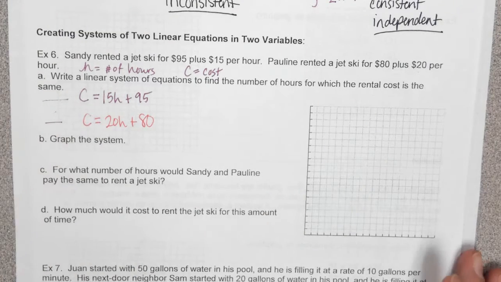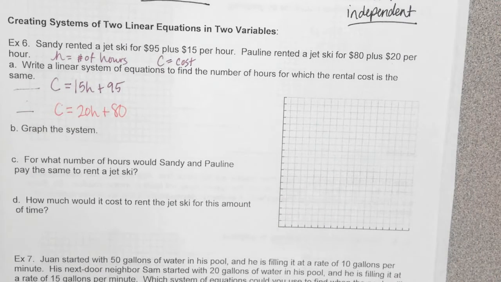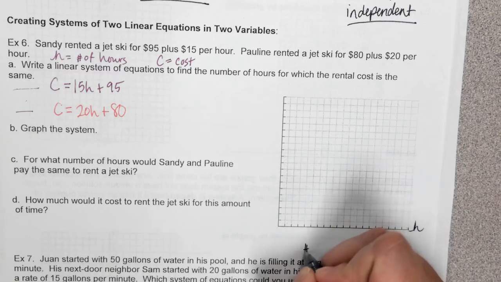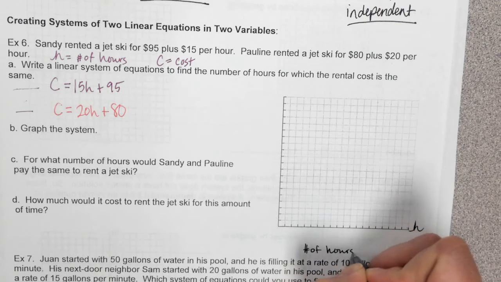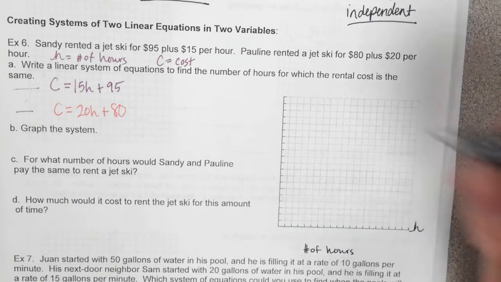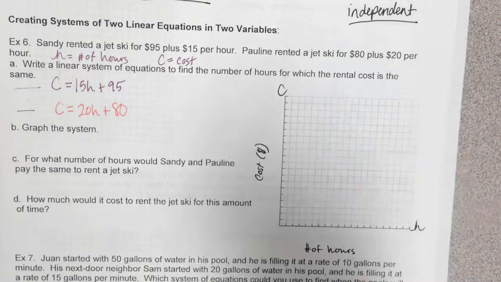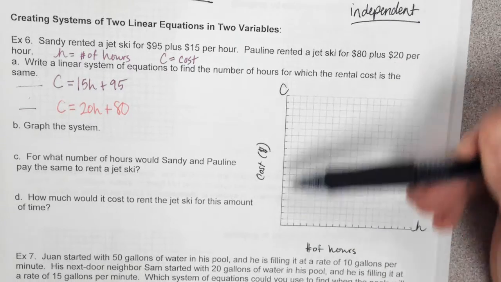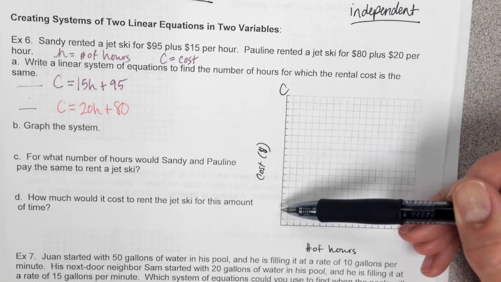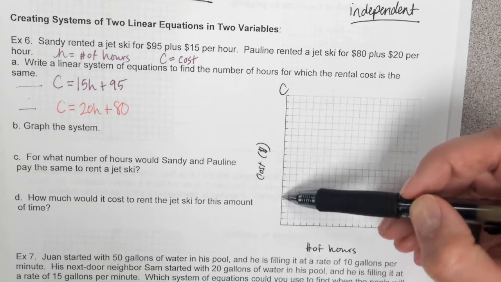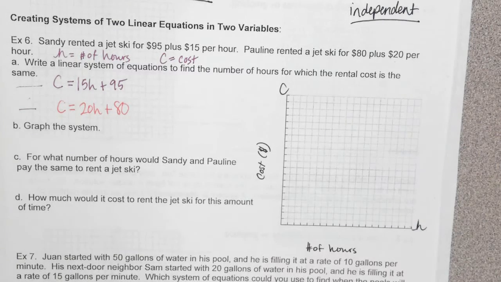Now we're going to graph it. So we have to go over here and label our axes, right? We don't have x and y, we have h, which is number of hours, and we have c, which is cost in dollar amount. Now I know you have a really tiny graph, so once we decide on a scale, we are not going to label every single mark. There's 20 tick marks, basically.